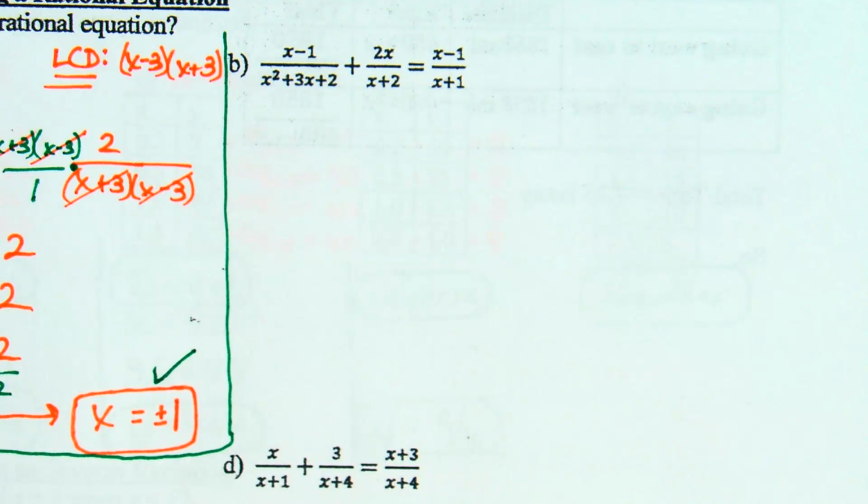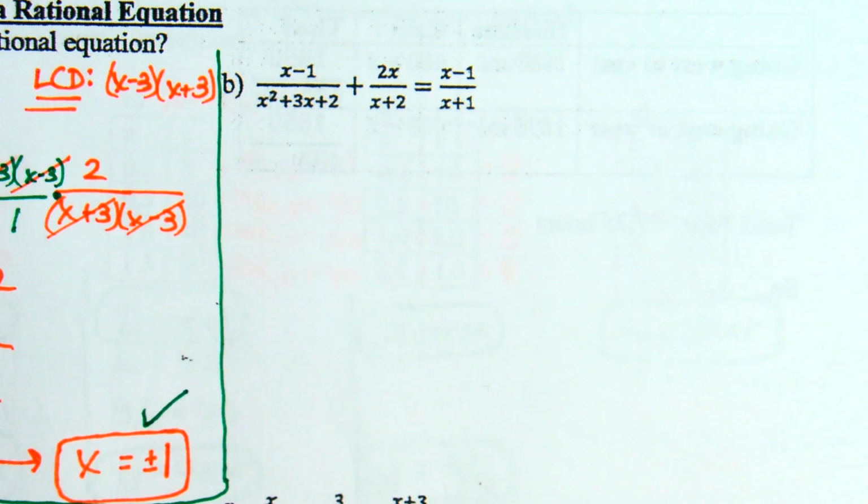What factors in my denominators? What factors here? Does x squared plus 3x plus 2 factor? We hope it does, otherwise this problem is going to be really not very pretty. The last one wasn't very pretty to begin with, so if this doesn't factor, it makes it that much worse.